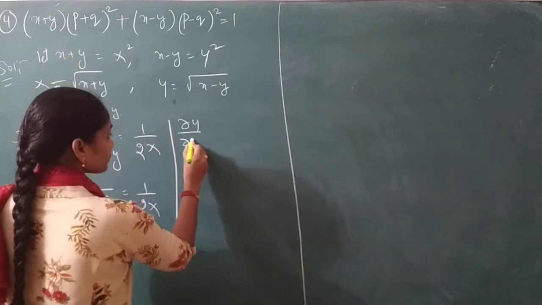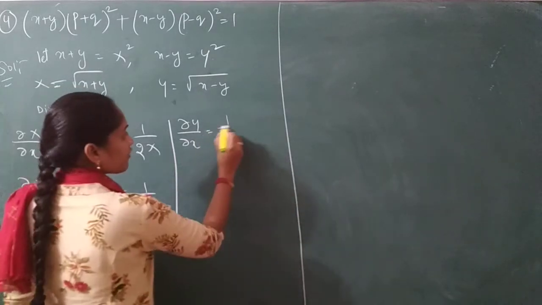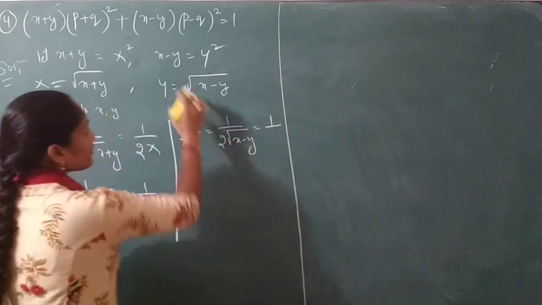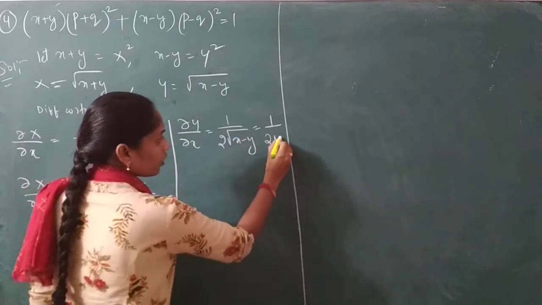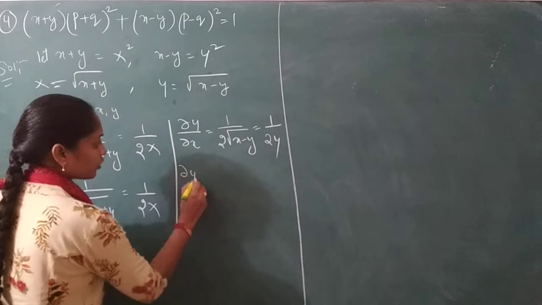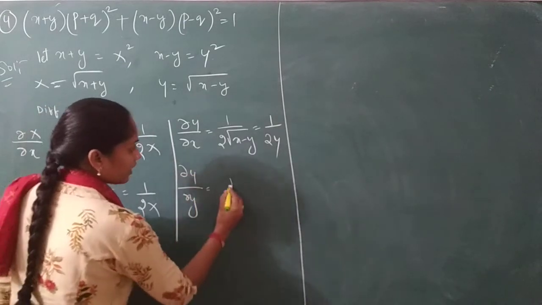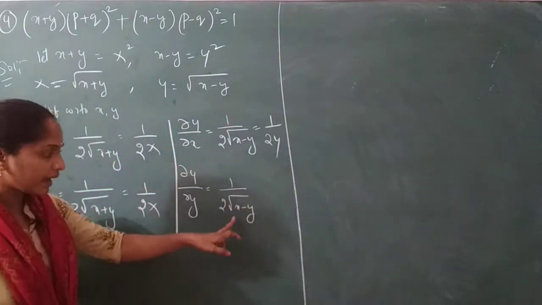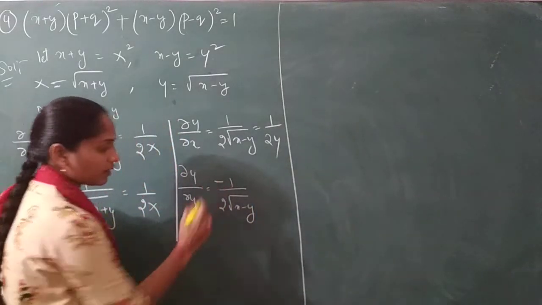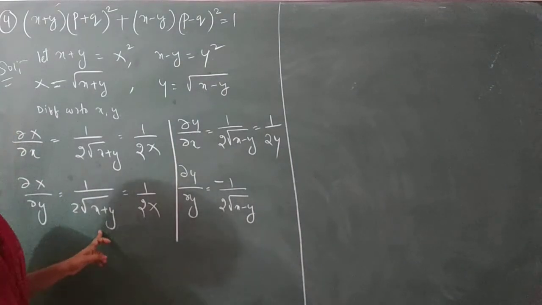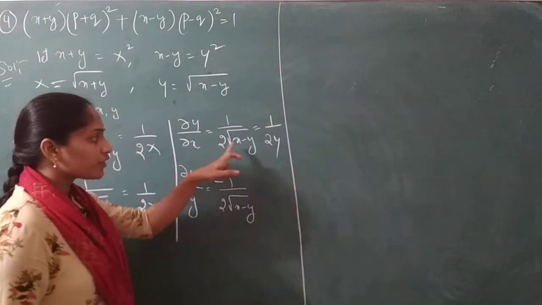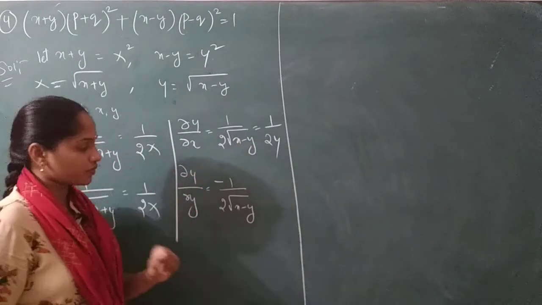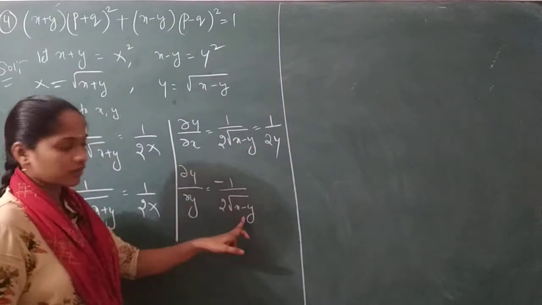Dou Y by dou x, 1 by 2 under root of x minus y, equal to 1 by 2 capital Y. If you differentiate dou Y with respect to small y, 1 by 2 root x minus y, again differentiating x minus y with respect to y gives minus 1. When differentiating with respect to x, it gives only plus 1, but if you differentiate with respect to y it gives minus 1.